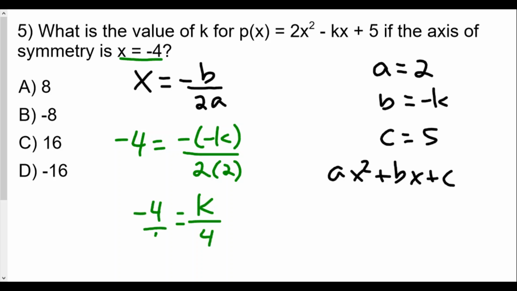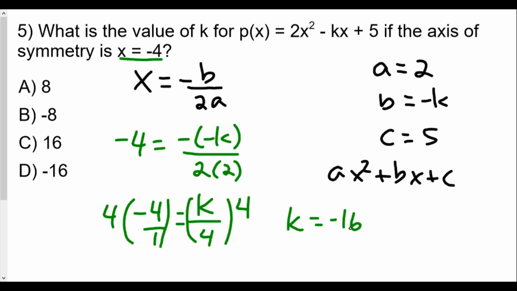I'll write -4 over 1, so that to get k by itself, since k is being divided by 4, we want to multiply both sides by 4. And that leaves us with k is equal to -16, which is choice D.